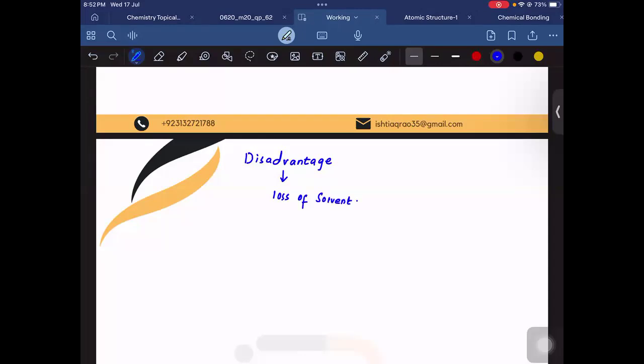Yes, we know that in crystallization as well, we are going to lose some water, same as evaporation. But remember, in crystallization, we would be obtaining the pure salt.